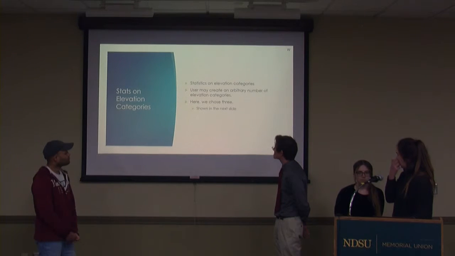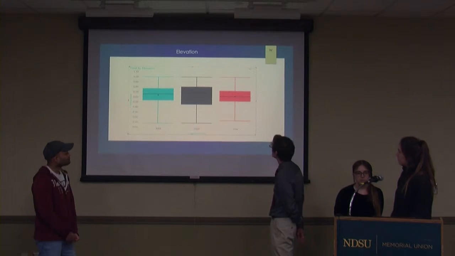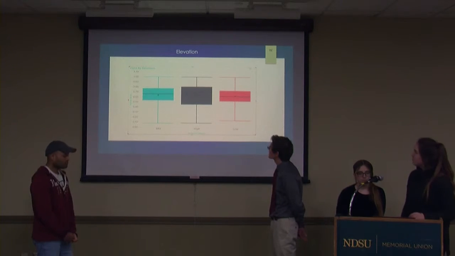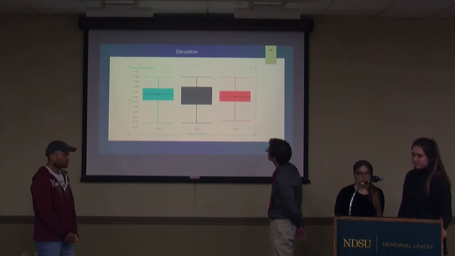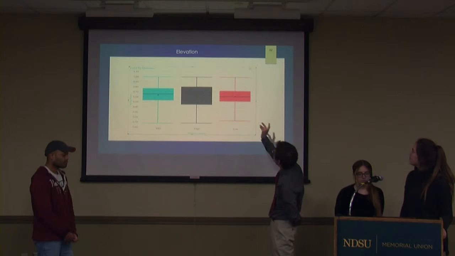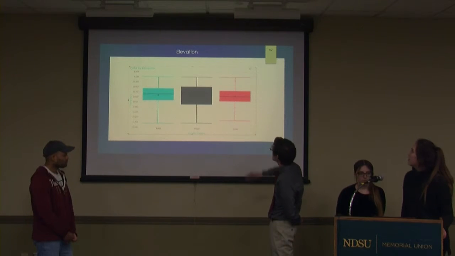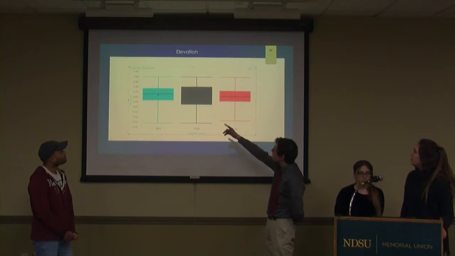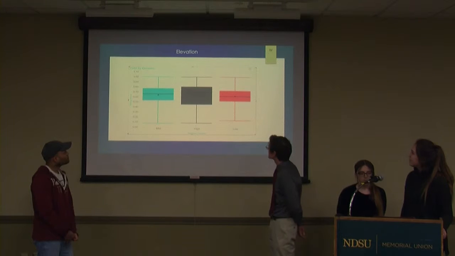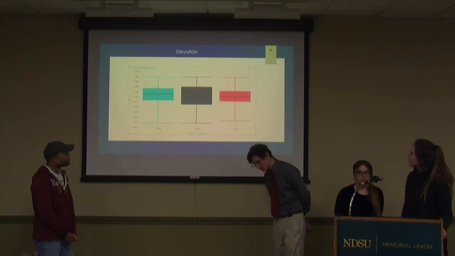And then using those categories, we were able to develop this visualization right here. So here we have the yield by elevation category. The yield's normalized. So if you look at the top, we have the maximum equals exactly 1. That is by design. But there's some interesting conclusions we can draw from this.